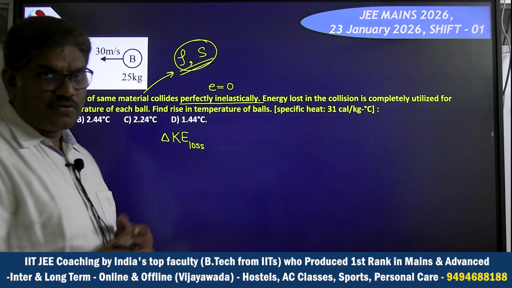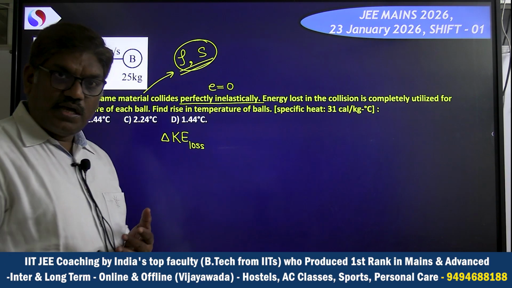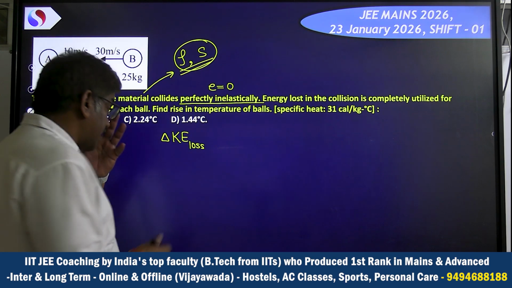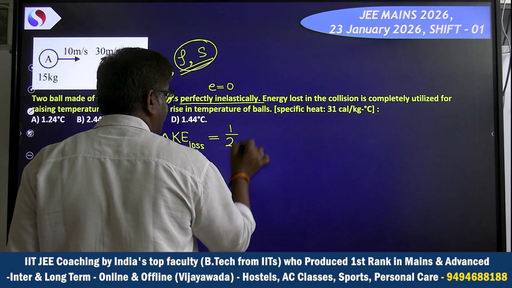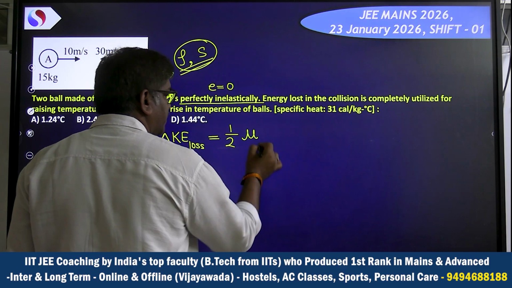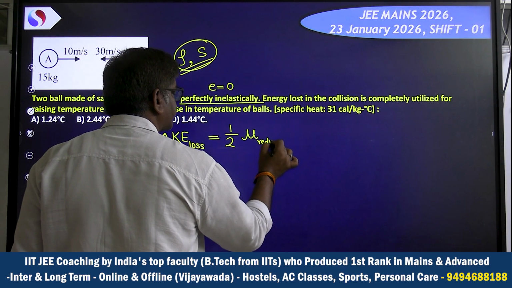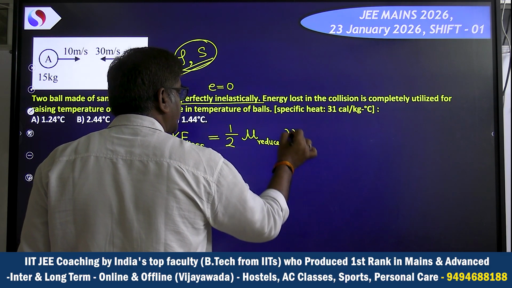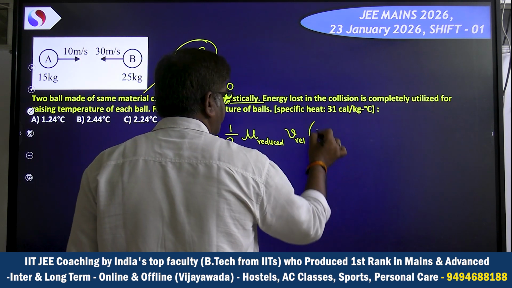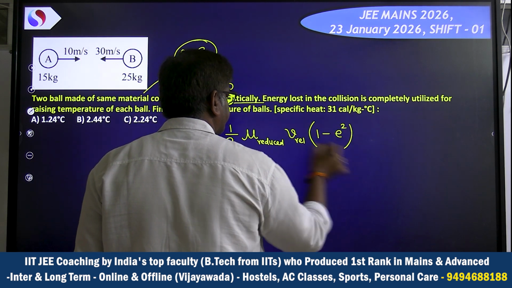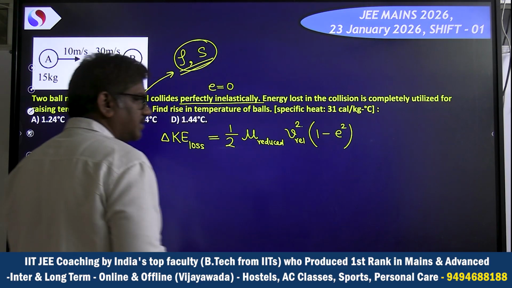But again, I will prefer the reduced mass concept, and by this we can easily find the kinetic energy loss by the direct formula: half into reduced mass into V relative square into (1 minus e square).